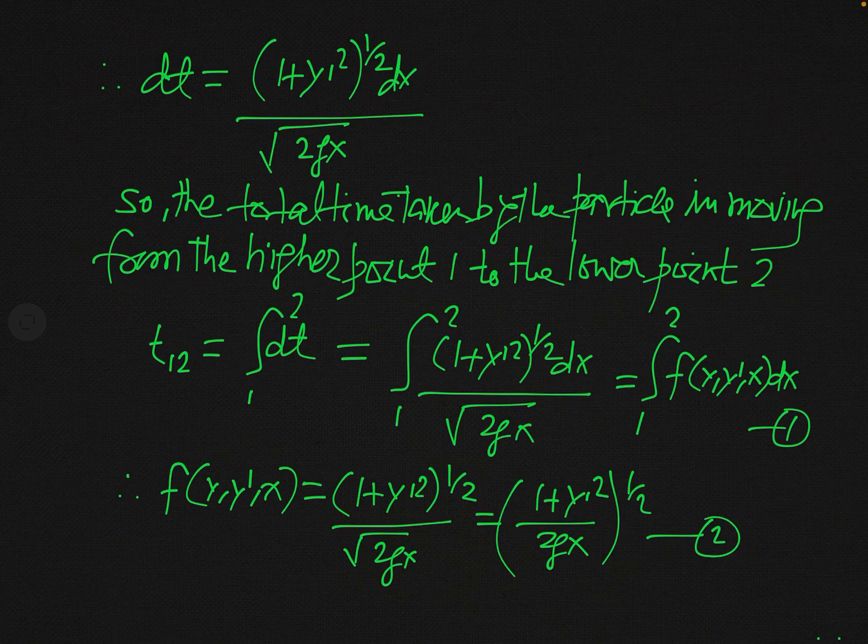Now you know for this time t12 to be minimum, this f must satisfy the Euler-Lagrange equation. So now we will apply the necessary condition for t12 to be extremum. So you can see what will be actually that condition.